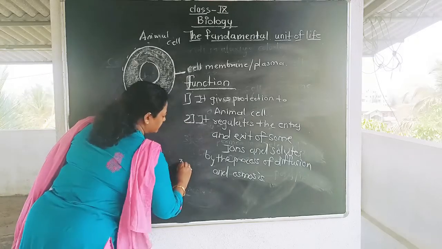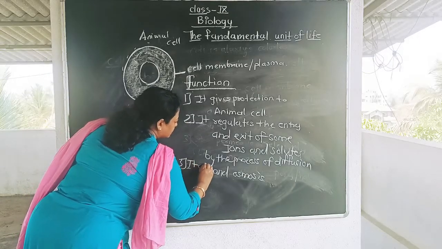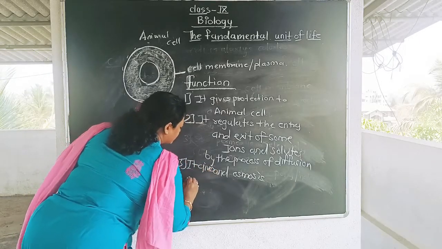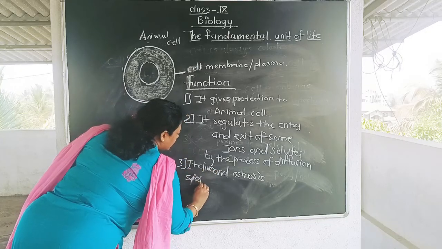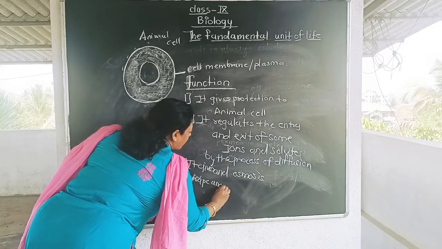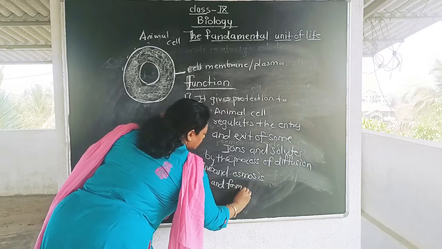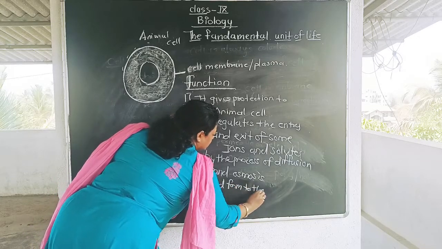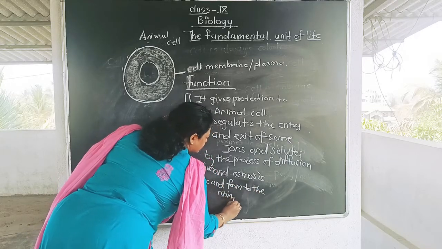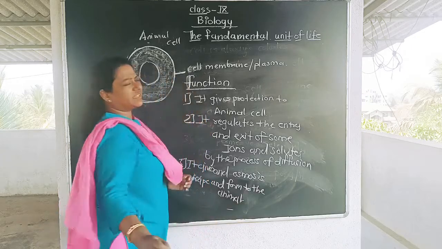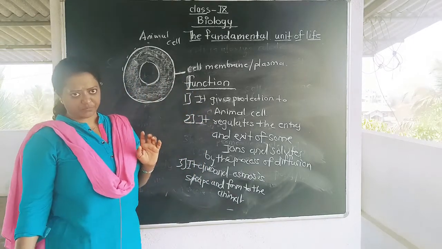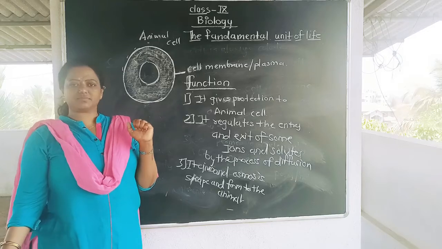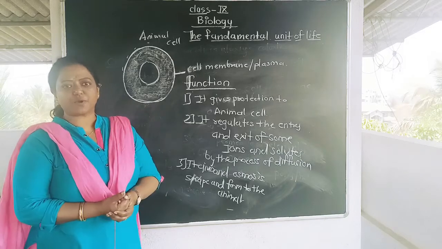Okay, so it gives, sorry students, it gives the shape and form to the animals. Otherwise, we animals have a skeleton in our body, and because of the skeleton our body is protective in nature.